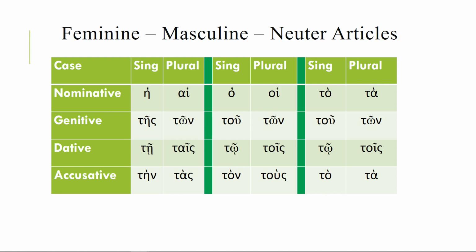The neuter differs from the masculine in the nominative and the accusative, but the neuter singular nominative and accusative are identical. The neuter plural nominative and accusative are identical. To and ta. So the neuter is like a simplified version of the masculine in a way.